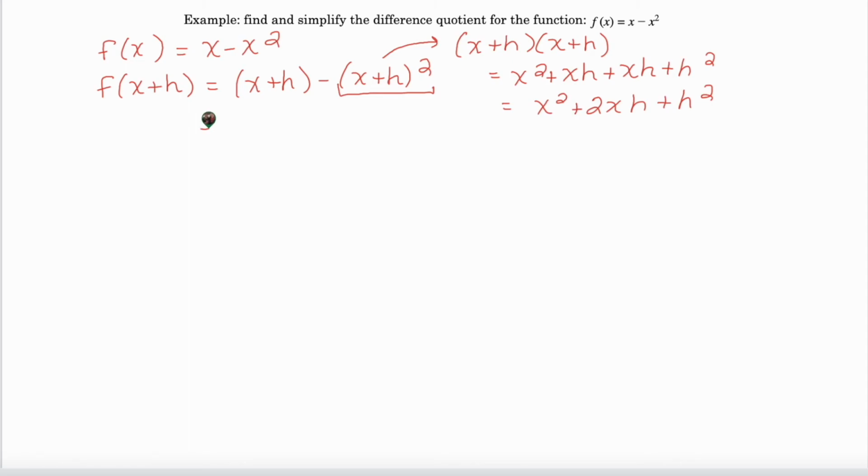Now I'll have x plus h minus what I just found, x squared plus 2xh plus h squared, which I can simplify one more time by dropping our parentheses and distributing the negative.